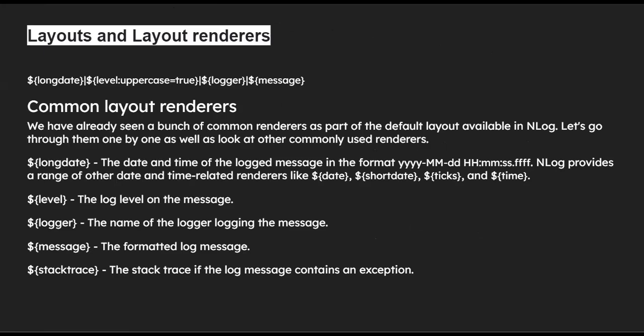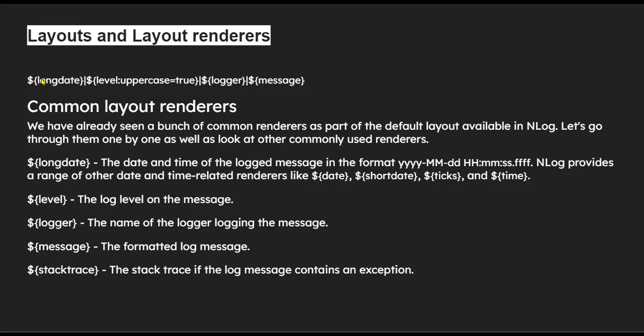While printing the logs in the console, I want to print my logs in this format: the long date, along with the log level, whether info, debug, trace, warn, error, or fatal, in uppercase, and the logger message. This logger message is your class name, first the namespace dot class name, and after that your log message, whatever you put in log.info or something else.